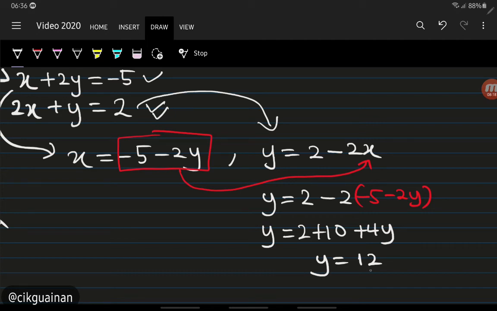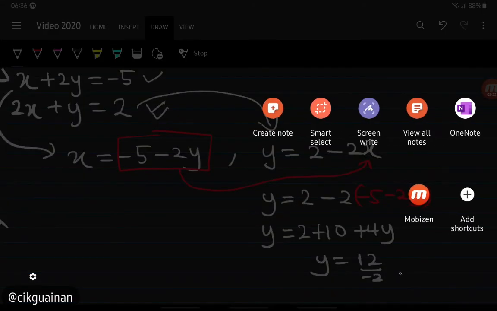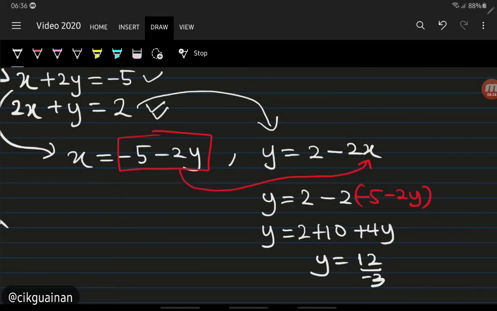Then we divide by minus 3, and what we have is y equals minus 4.